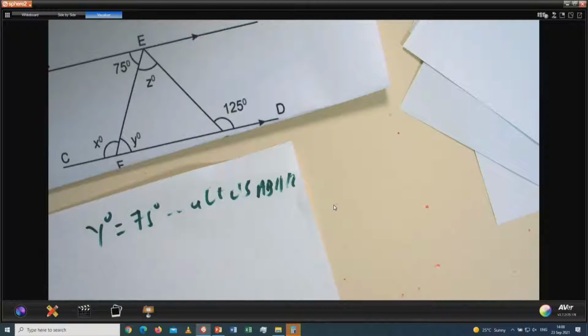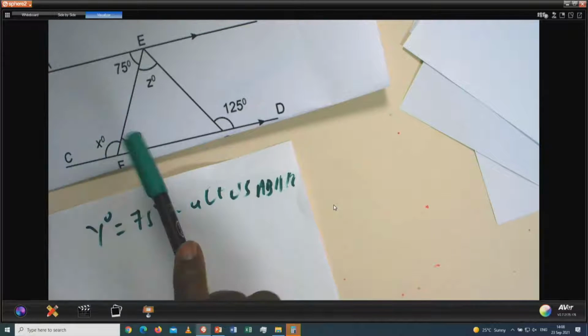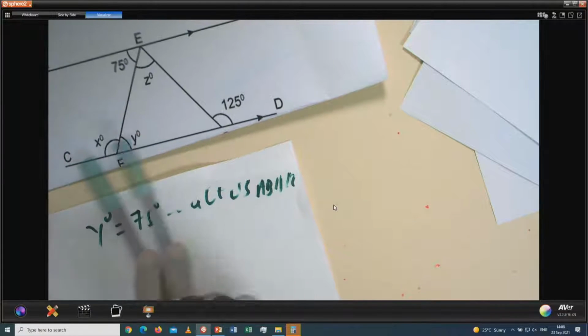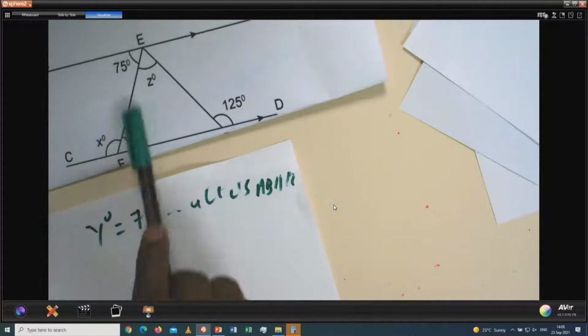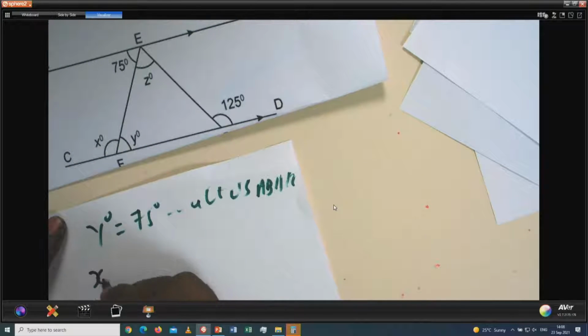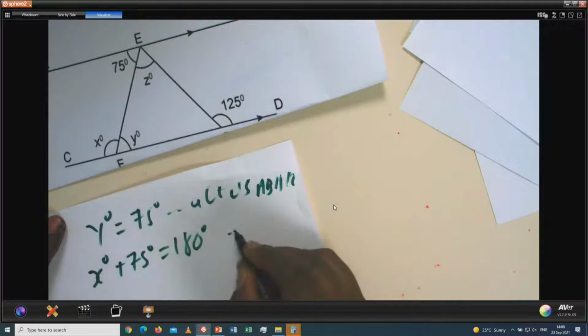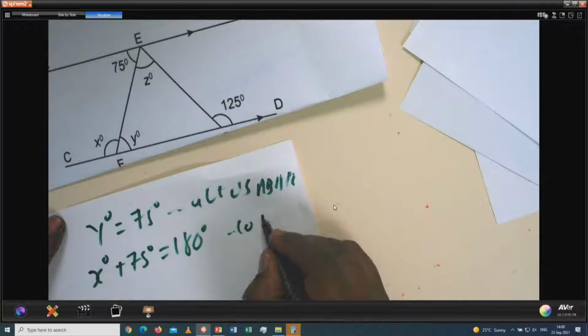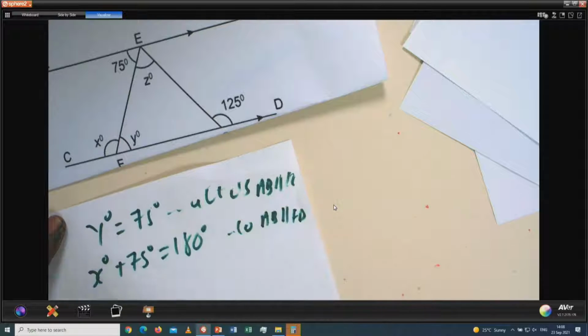What else can you say? Straight line. If this is 75, when you add them, the total is 180. Or co-interior: x degrees plus 75 degrees equals 180 degrees, co-interior, AB parallel to FD.